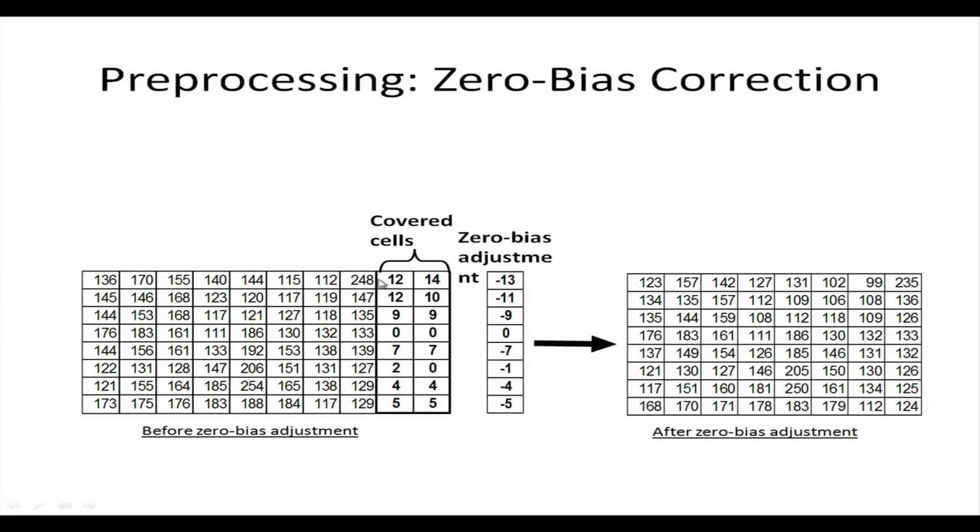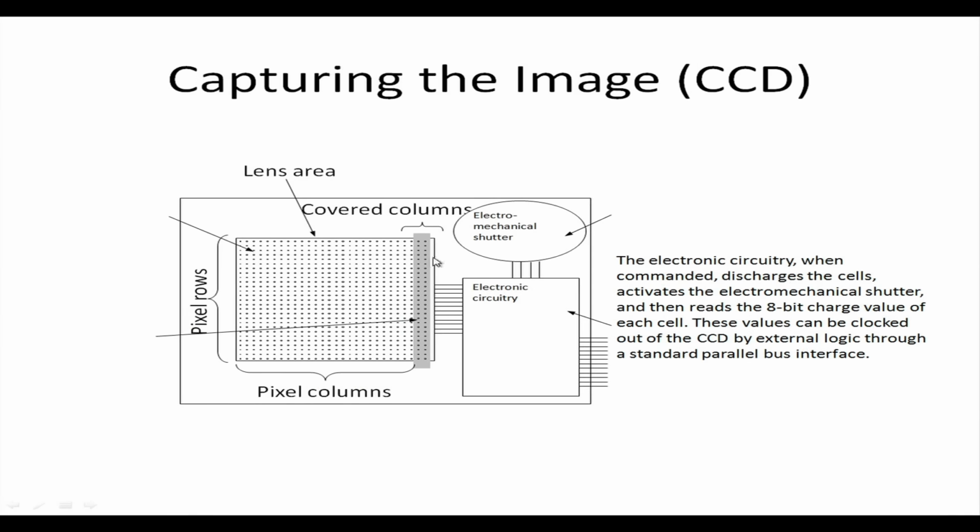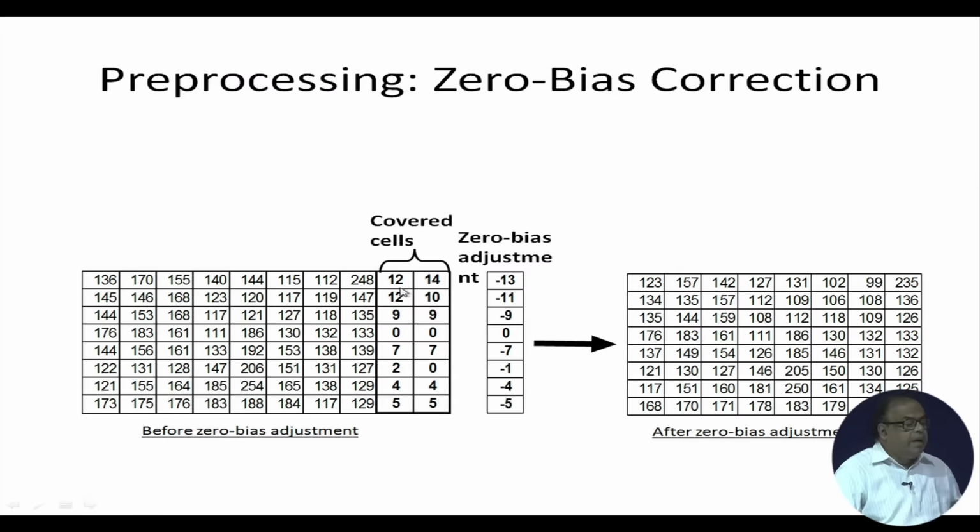Now, these are the covered cells. You have seen that there were 2 columns of those. So, we are looking at the intensity values that are coming in these 2 covered cells.